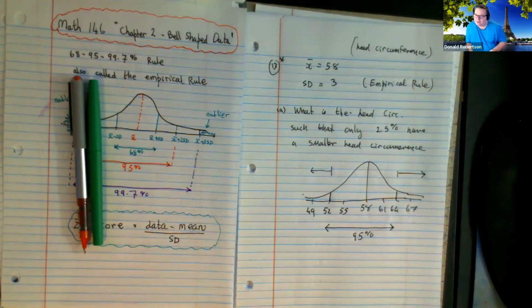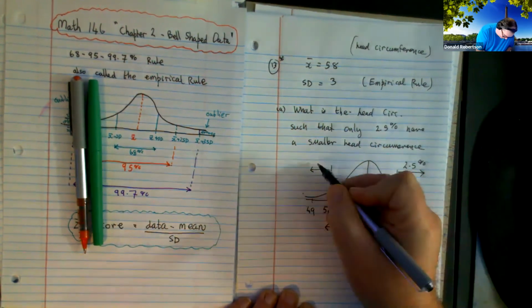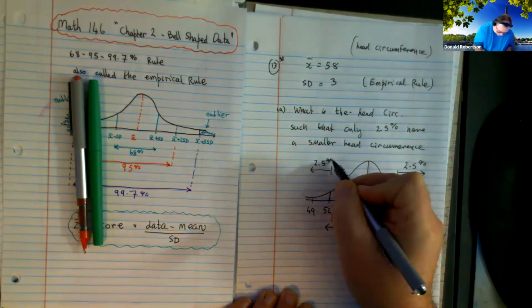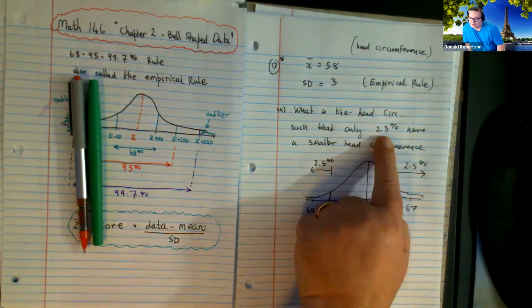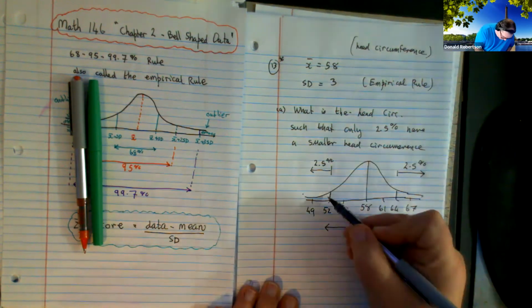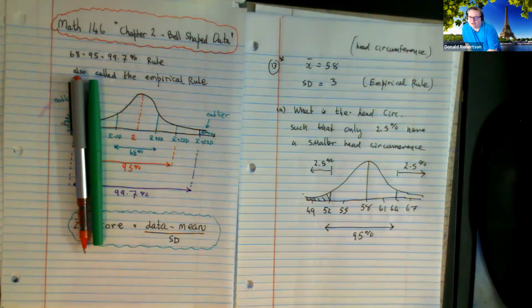And by symmetry, half on each side makes sense. Do you see how I've split the 5% in? Do you notice that that's the 2.5 they're talking about? Doesn't that mean it's these people in here? So if your head circumference is 52 or smaller, won't you be in the bottom 2.5% of all adult males? In other words, you've got a tiny head, son. Only 2.5% of people have got that kind of circumference.